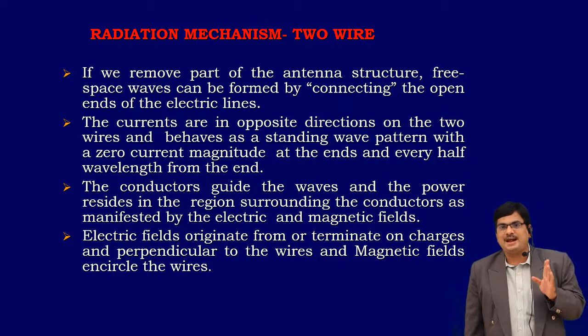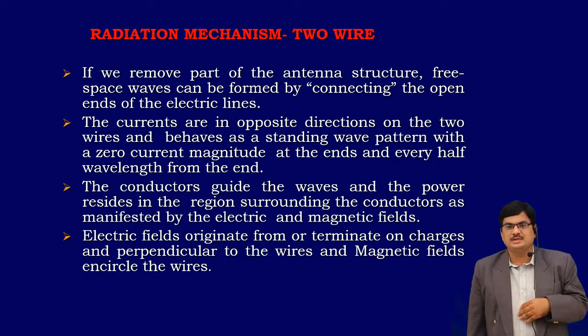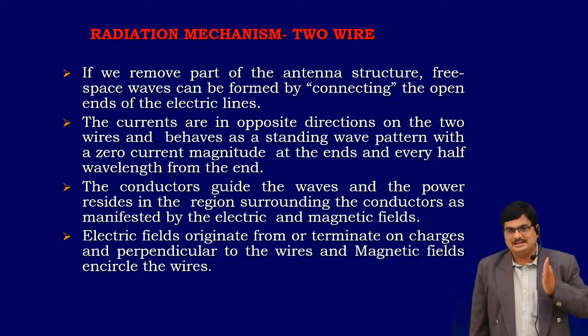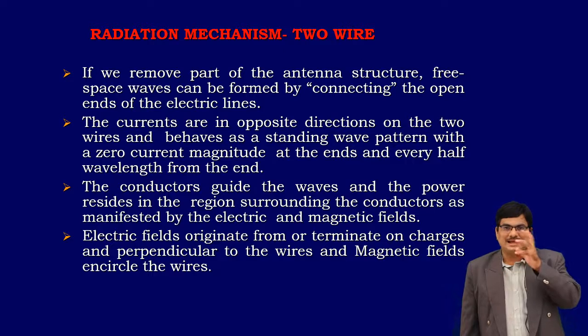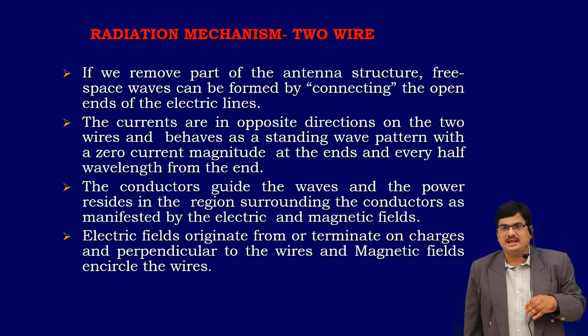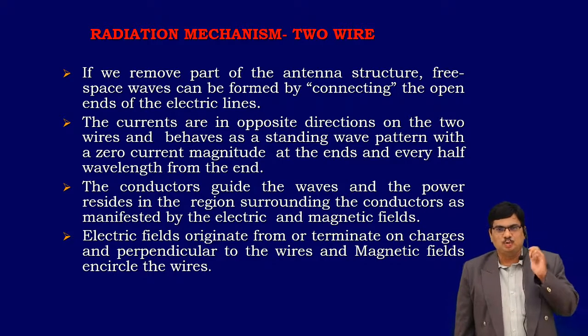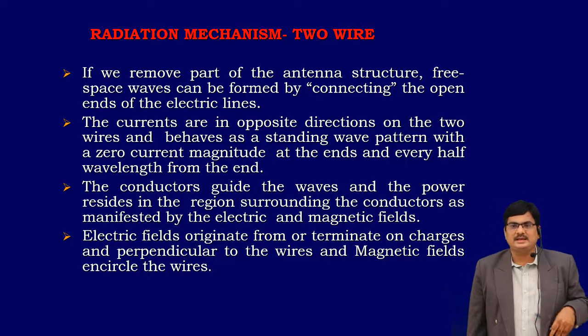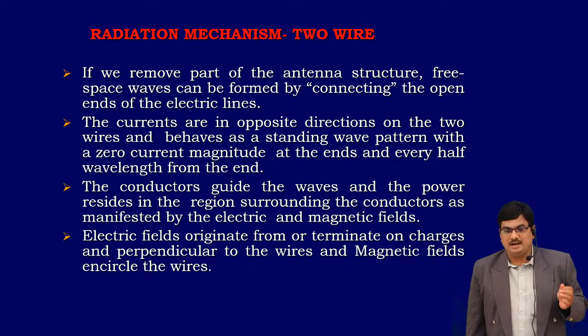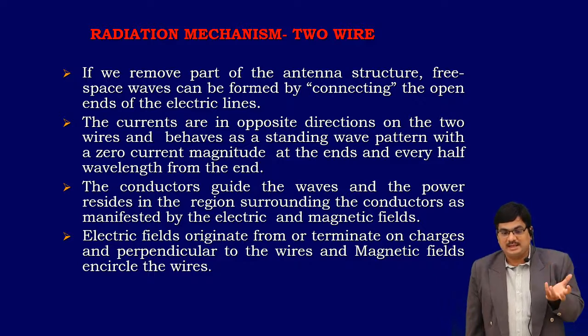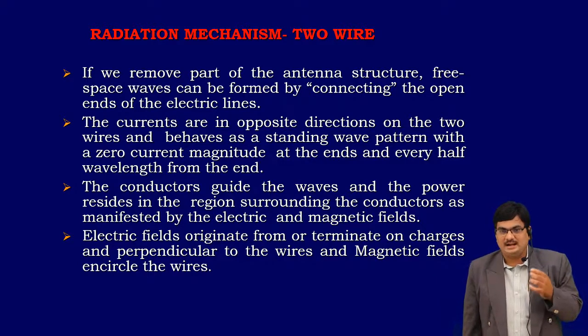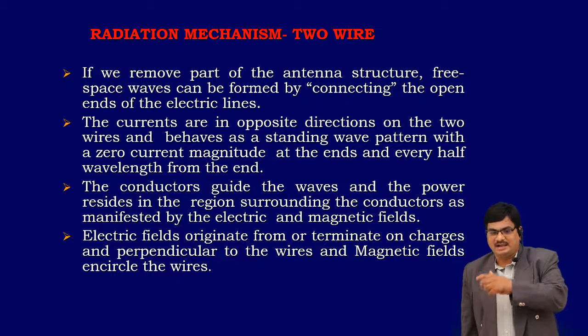So if a part of the antenna is removed from the structure, then the free space waves can move from the antenna to the outside, and they connect with the open ends of the electrical lines. If the currents are in opposite directions in the two wires, they behave like a standing wave pattern, with zero current at the ends of every wire and at every half wavelength.